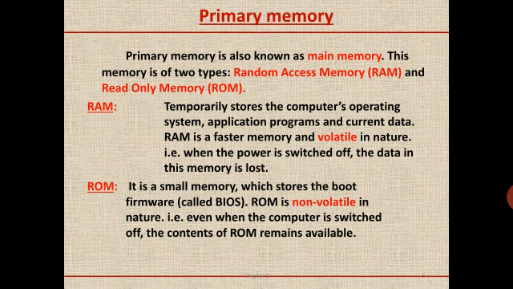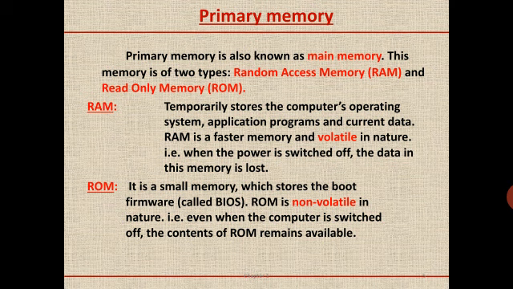RAM temporarily stores the computer's operating system, application programs, current data, so that the processor can reach them quickly. RAM is faster memory and is volatile in nature. Volatile means when the power is switched off, the data in the memory is lost.